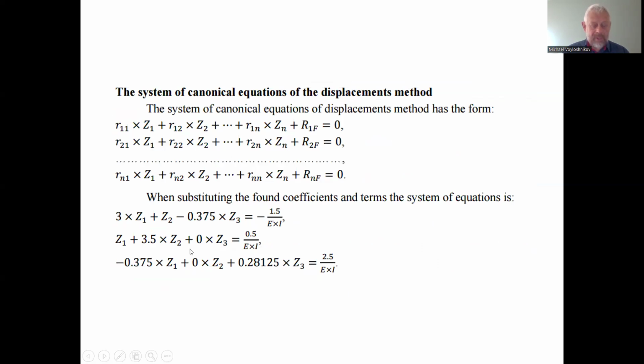Finally, after the substitution we have the equations. We can decide these equations.